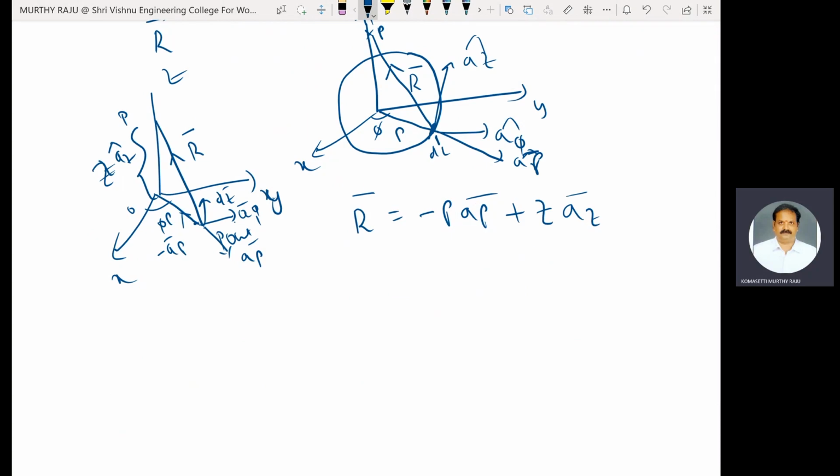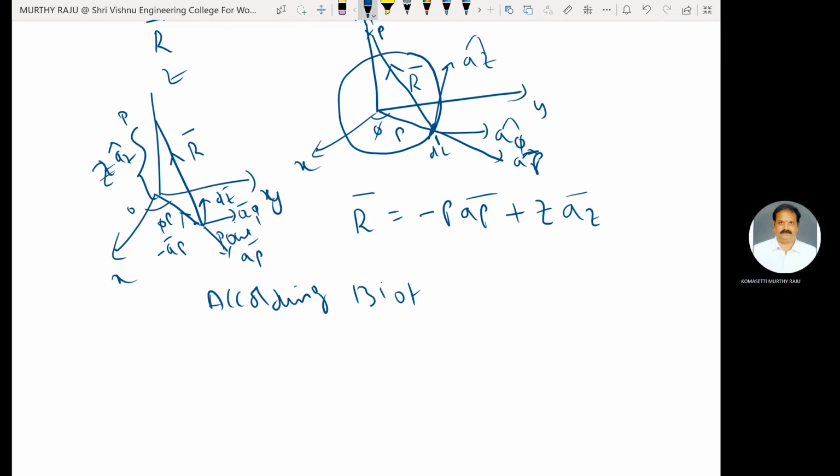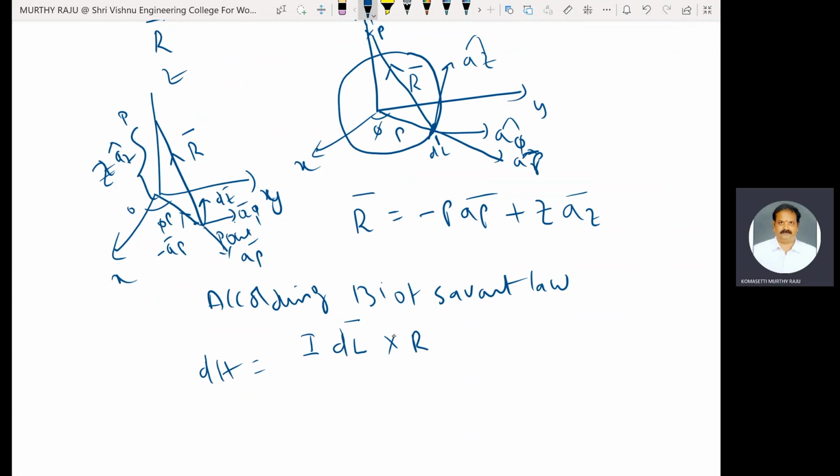According to Biot-Savart's law, the magnetic field intensity at a point P due to the small current element dl is dH equal to I dl bar cross R cap divided by 4 pi mod R whole cube.